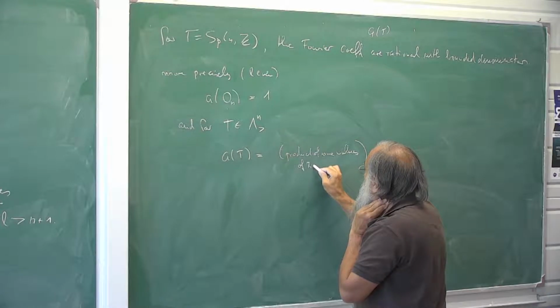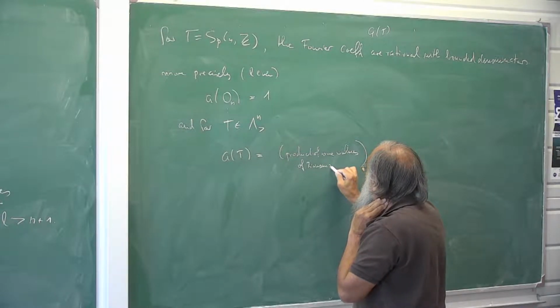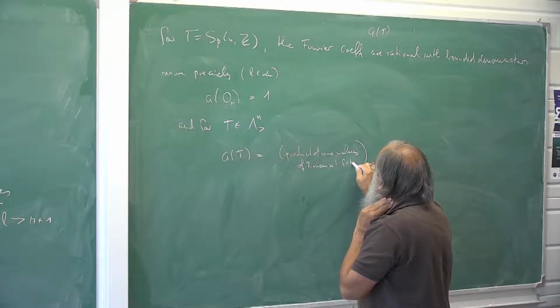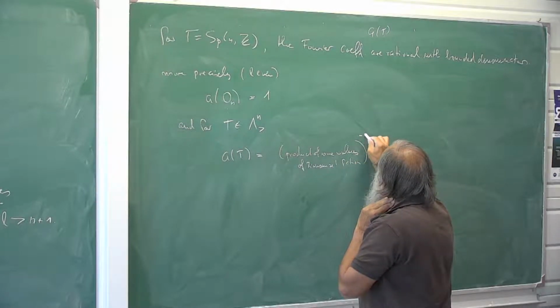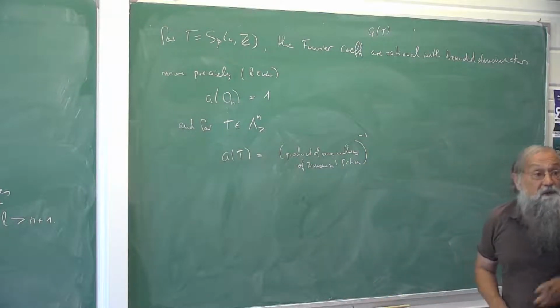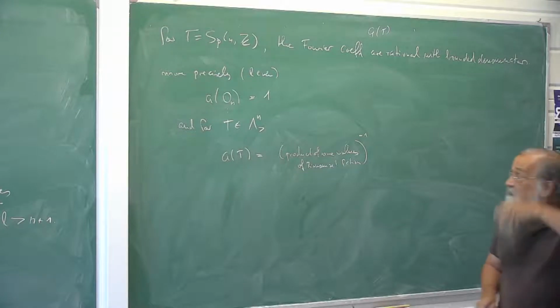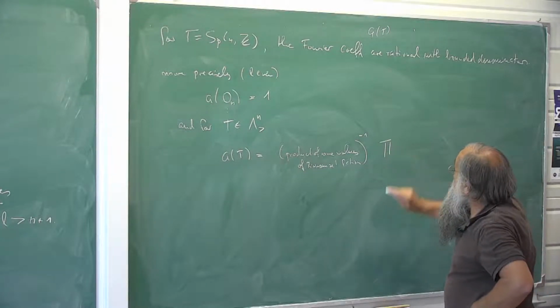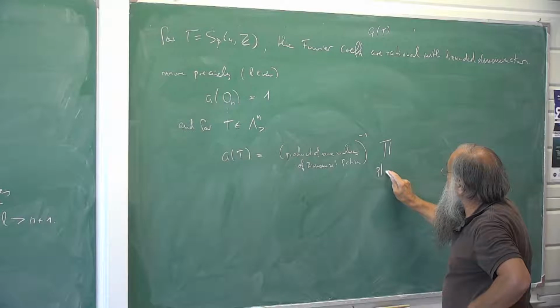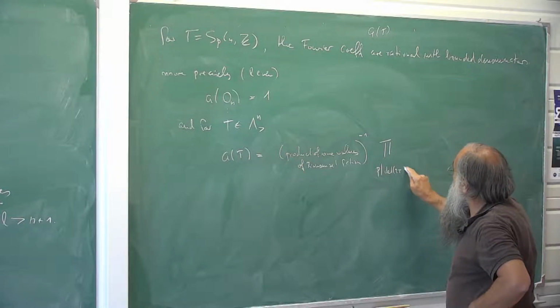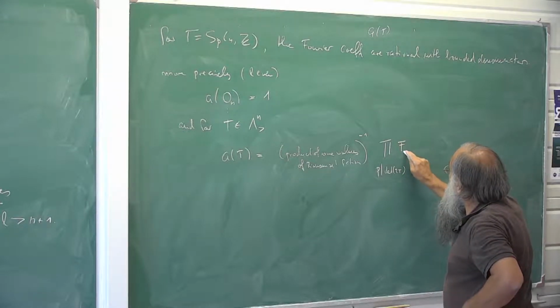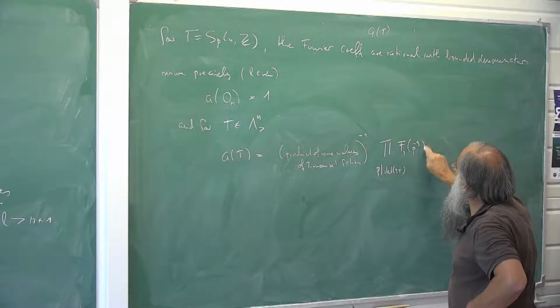a product of Riemann zeta functions at minus 1. I think this was already in Alexei's talk. And then there is a product over p dividing the determinant of 2t of some polynomials Fp of p to the minus k.